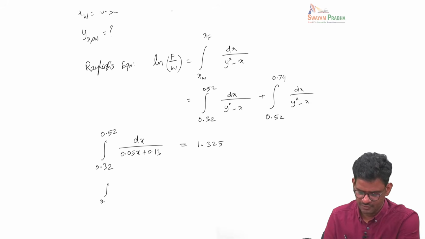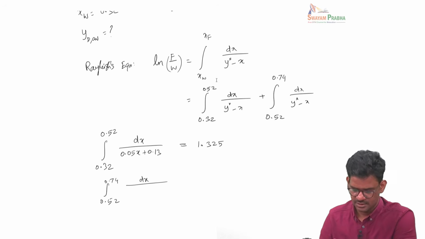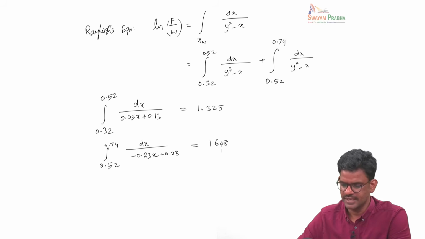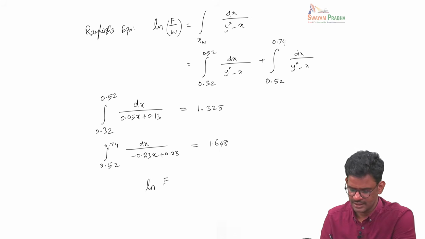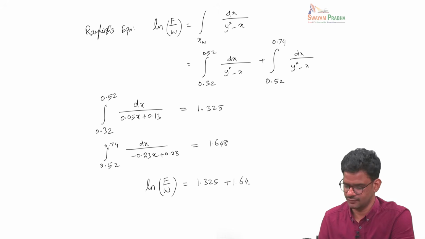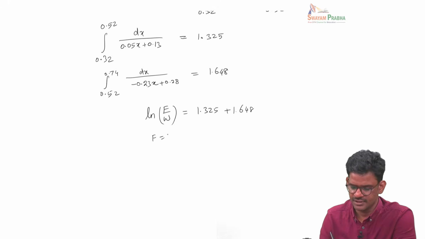For the next integral, from 0.52 to 0.74 of dx by y star minus x, we will get minus 0.23x plus 0.28, and this integral will give you something like 1.648. So, we can add these two integrals. We get ln of F by W equal to 1.325 plus 1.648, and F is 100 moles, as given. From here we can solve for W, and this would be about 5.115 moles.